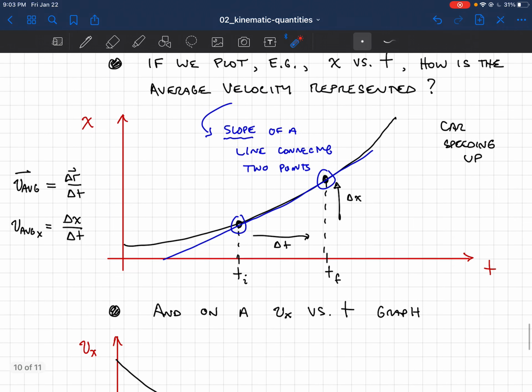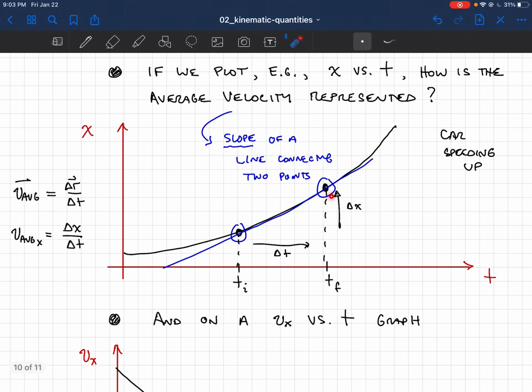How do we represent velocity? Well, velocity is when you take these 2 points and bring them closer and closer together. So we could look, for example, at what is the velocity at this point here, and that's going to be represented by a line that doesn't connect 2 points, but is the tangent line to the curve.